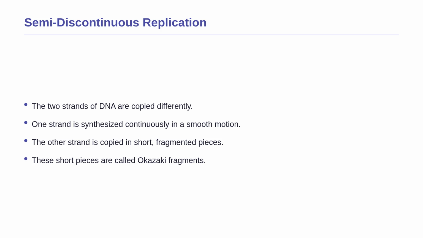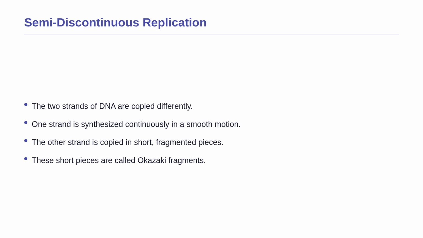Building on that bidirectional movement, we must also understand that the process is semi-discontinuous. Because of the chemical structure of DNA, the two strands cannot be copied in the exact same way. One strand, known as the leading strand, is copied continuously in a smooth, uninterrupted motion.